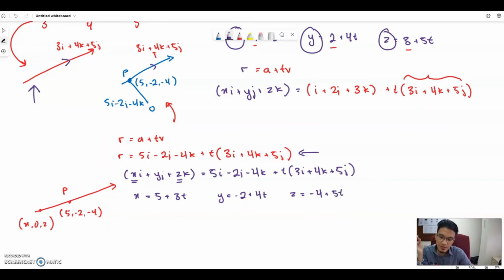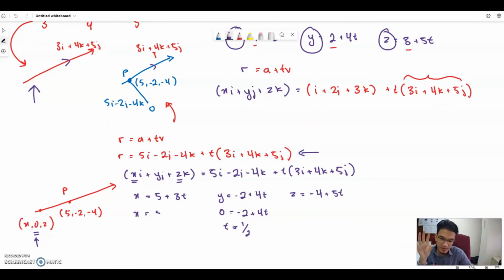Since we already know the point is when y is equal to 0, we set negative 2 plus 4t equal to 0, and then we have t equal to 1 over 2.